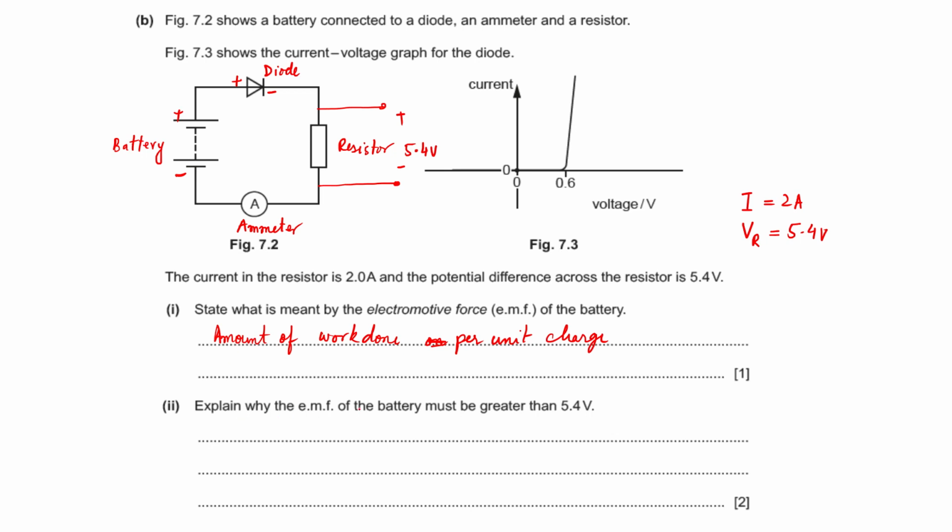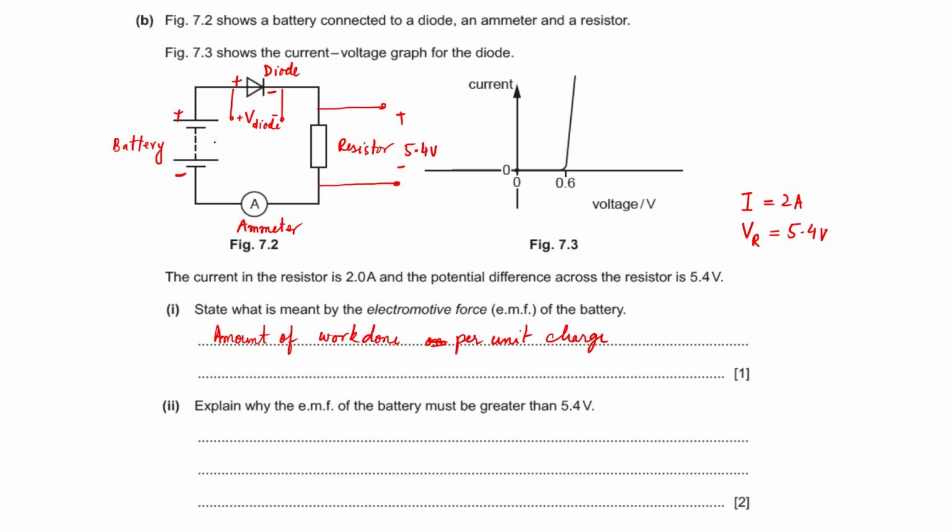Again, explain why the EMF of the battery must be greater than 4.5 volts. Remember, in this circuit there is some voltage drop across the diode, V diode, and some voltage will drop across this resistor.